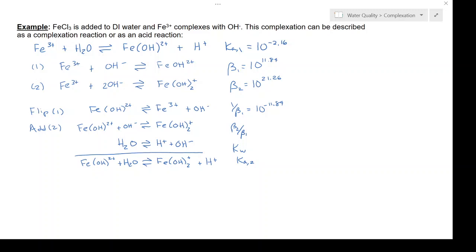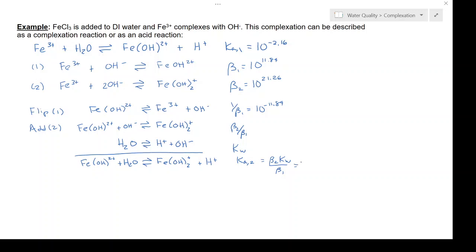It's basically where ferric iron acquires a second hydroxide, and again, we multiply the equilibrium constants when we add two reactions together. So I get beta 2 times Kw over beta 1.